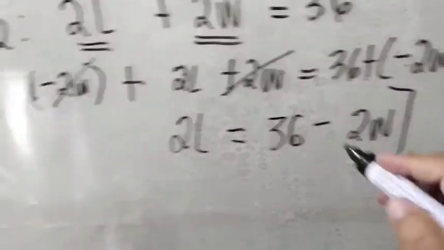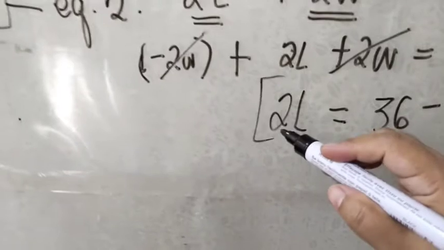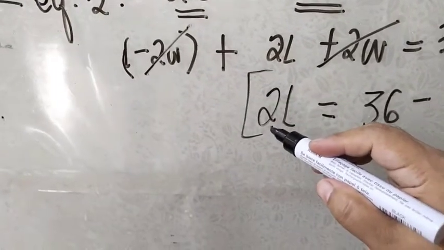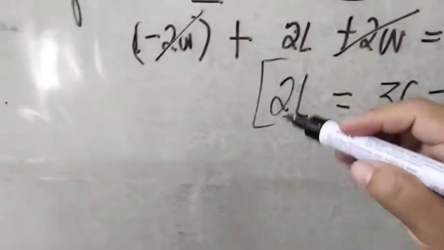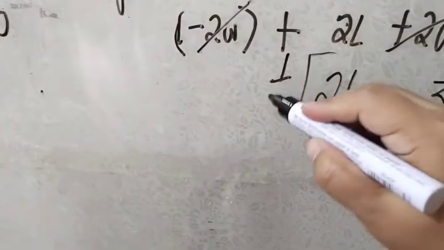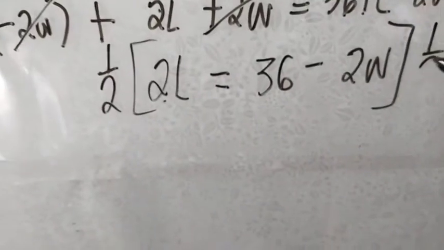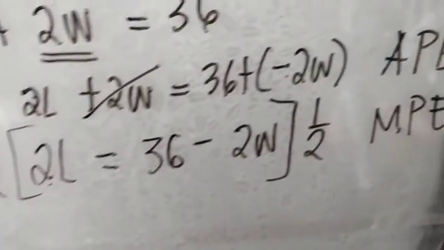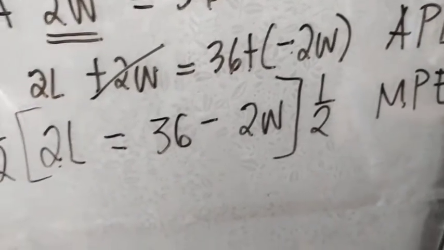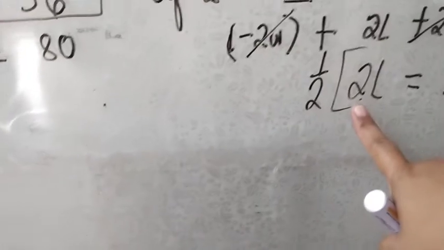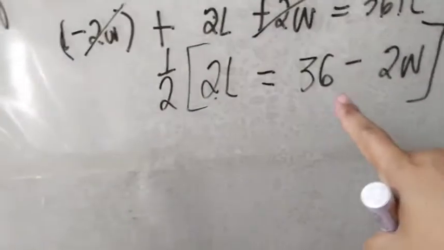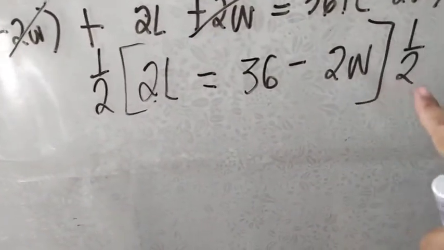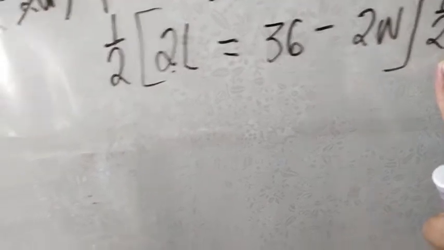We have to multiply both sides by its multiplicative inverse. The multiplicative inverse or reciprocal of 2 is 1/2. Kaya multiplication property of equality ang ginamit natin. So, kung ang 2L natin ay minultiply natin kay 1/2, therefore, sa 36 minus 2W, i-multiply din natin kay 1/2.